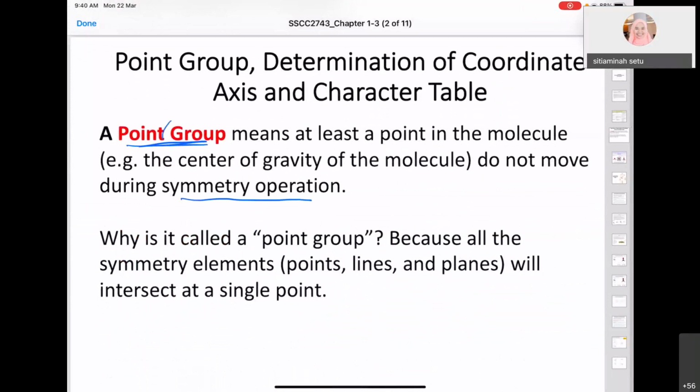Kenapa kumpulan-kumpulan molekul ni kita panggil sebagai point group? Sebab mesti ada satu titik dekat molekul, which is we call the center of gravity of the molecule, yang tak akan bergerak bila kita lakukan symmetry operation.